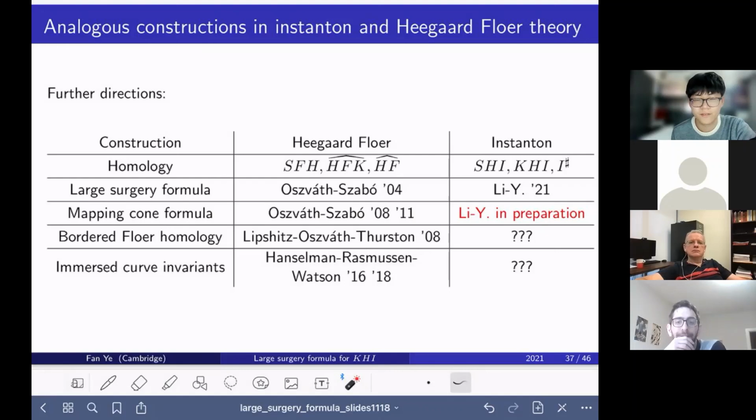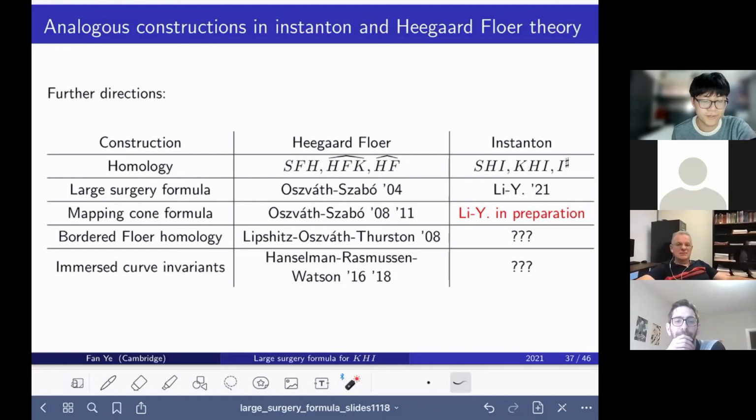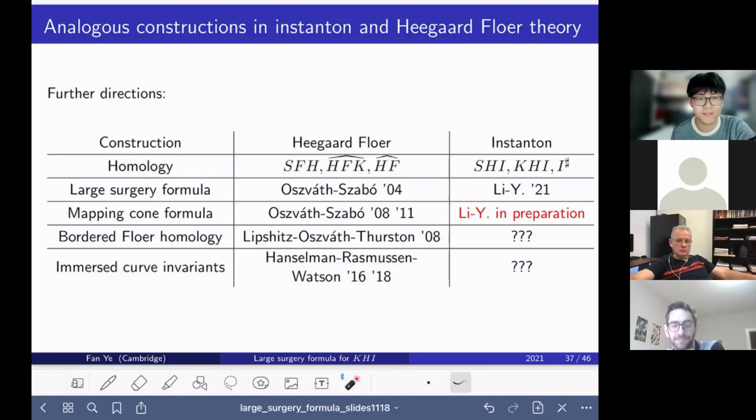Okay. But the main thing about proving the mapping cone formula is to work out the algebra. So we want to prove the mapping cone formula by algebra and understand more about the behavior of differentials d plus and d minus. Yeah, thanks.